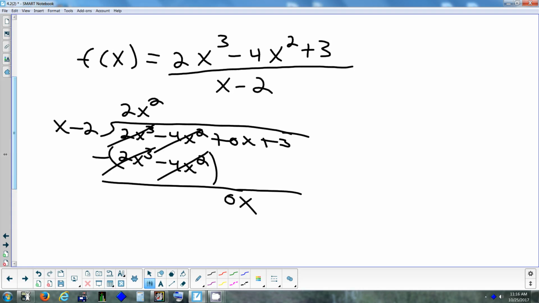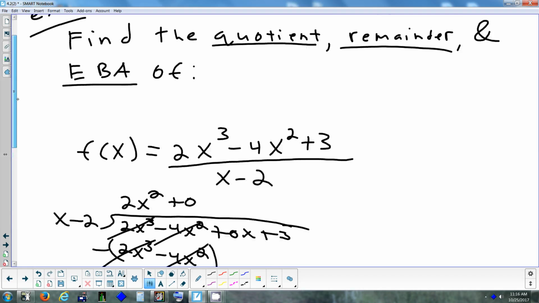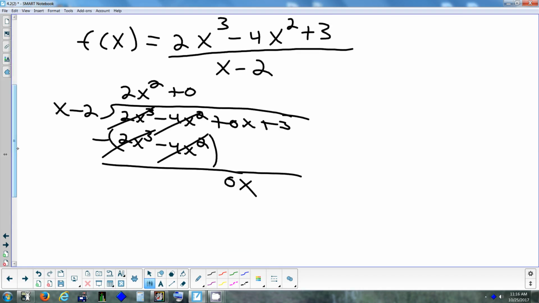What's 0x divided by x? Dan, what's 0x divided by x? 0. Just 0. So it's just plus 0. Now we're basically done at this point, but if you want to keep going, because they do want the remainder, we do need to finish it up.